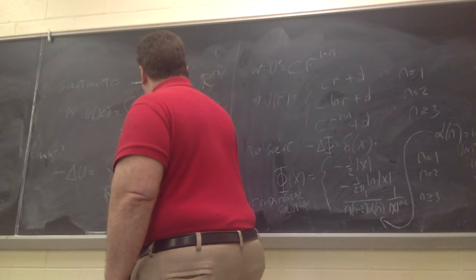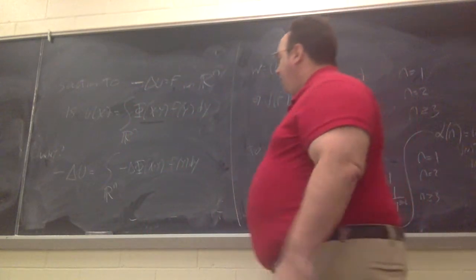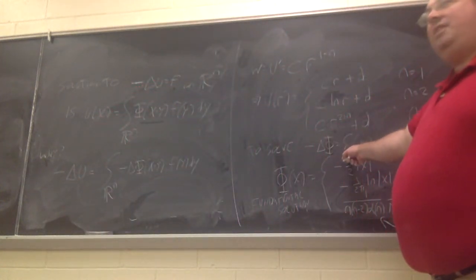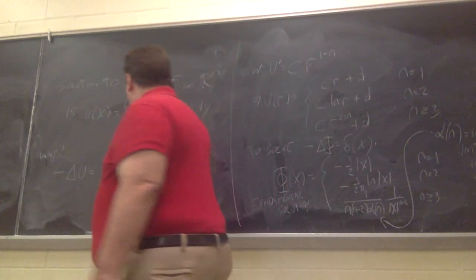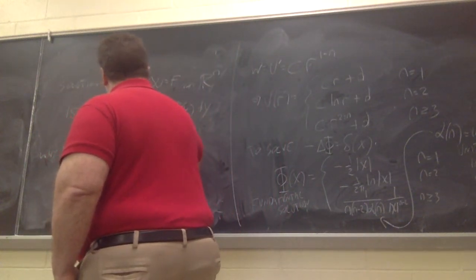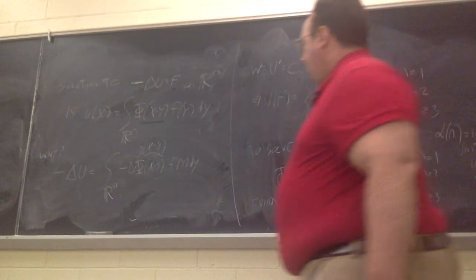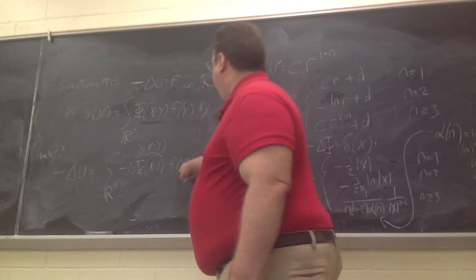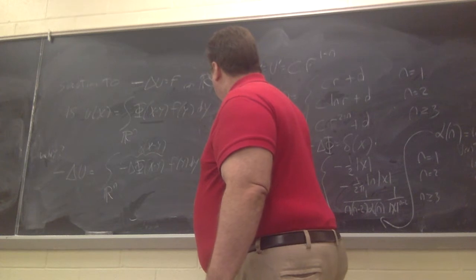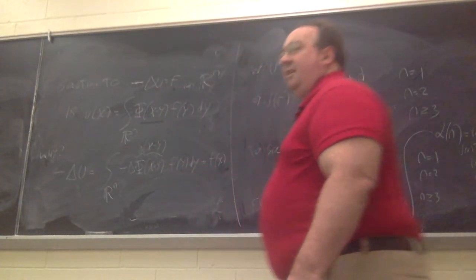Then f of y dy. But minus Laplacian of this is my fundamental solution. So it's a Dirac delta function. So that's delta of x minus y. Then using one of those properties of the Dirac delta function, it's selecting the value of f at x. So sure enough, minus Laplacian of u equals f.